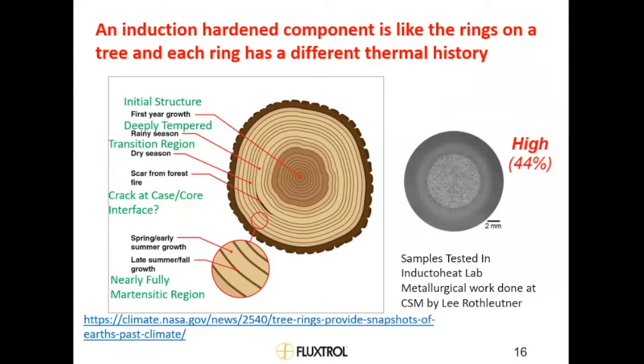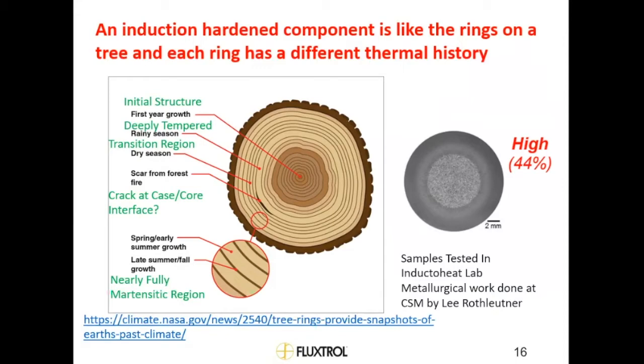So finally, I've come up with this new slide now, which, a lot of people in science like to relate things that they're doing to things that naturally occur or occur in nature. So when I look at the structure of an induction heat treated component and think about that layered approach, it could almost be related to a tree and the rings of a tree.